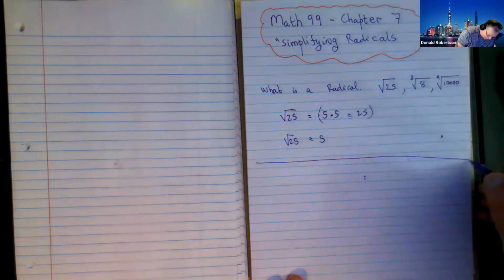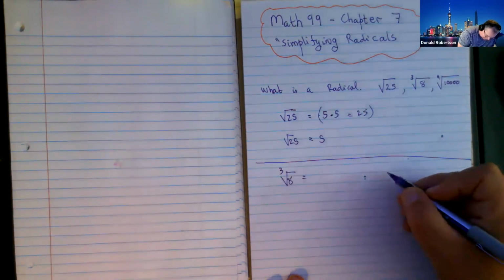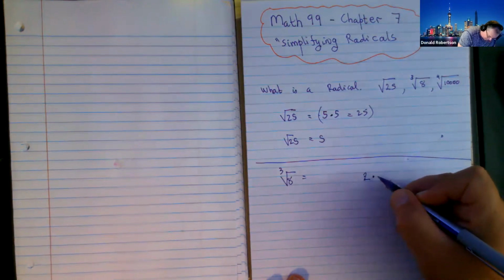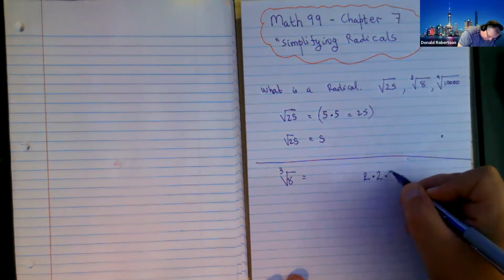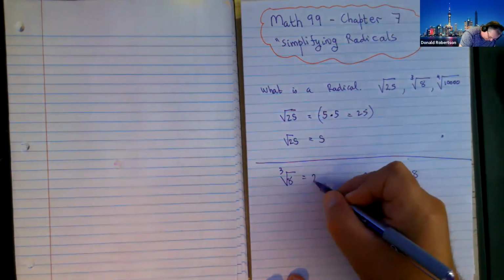On the other hand, if you wanted to find, say, the cube root of 8, you need to find a number that if you multiply it by itself and then multiply it a third time by itself, you would get 8. So in this case, it would be 2.